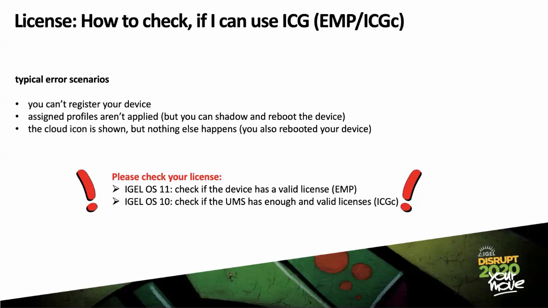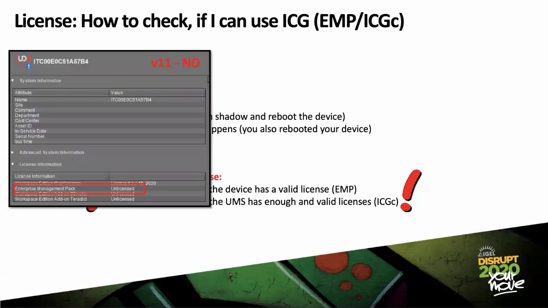How is this looking? Here we have a UD Pocket, which is red. And in the UMS, you have the license information, and you see Enterprise Management Pack unlicensed. Of course, with version 11, this is not working because it has no license.